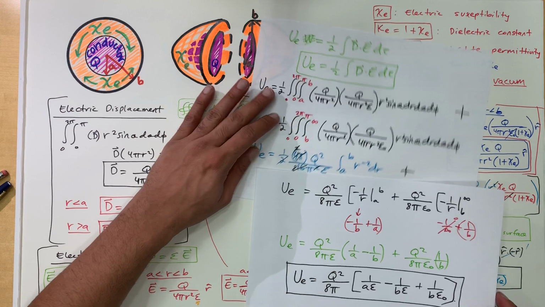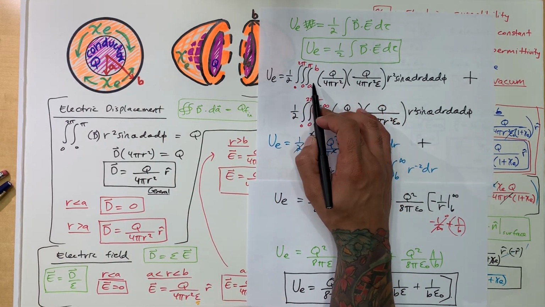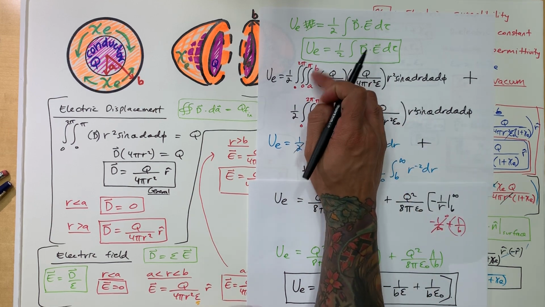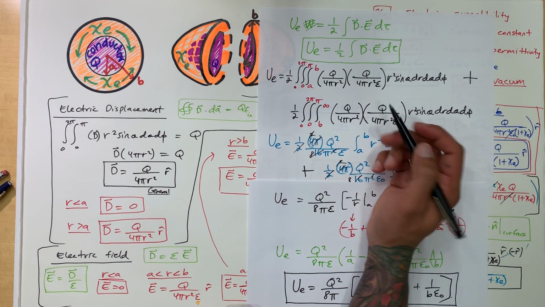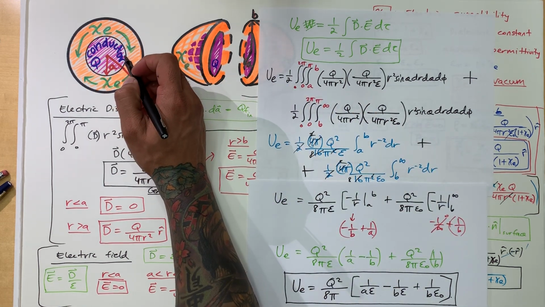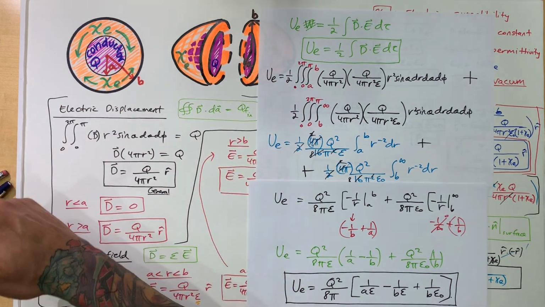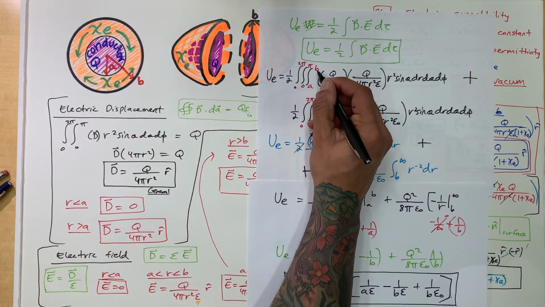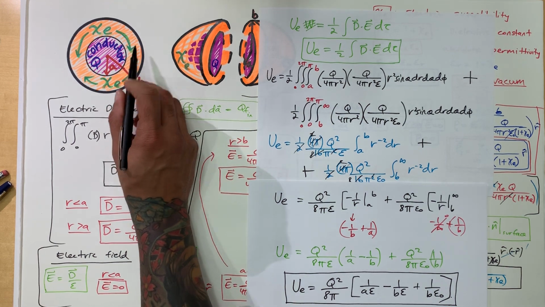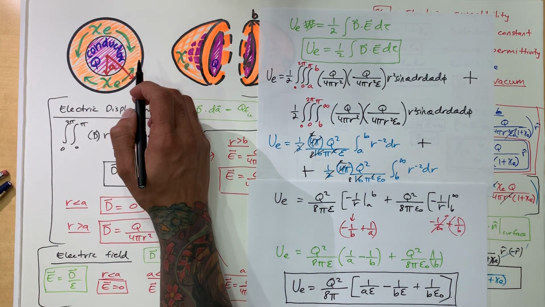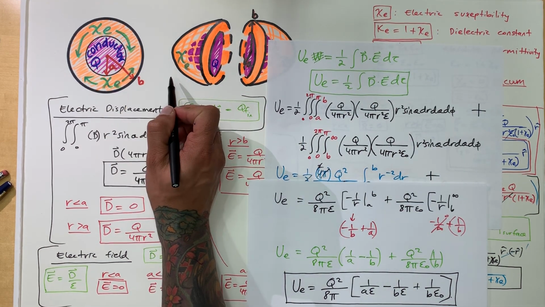And then just being careful how to integrate the energy stored. Here we're just going straight up A to B, and then from B to infinity. So we don't include the conductor because inside of it, nothing's happening. And so we need to start from A to B, which is the region right out here in the dielectric, and then outside to see what's happening.